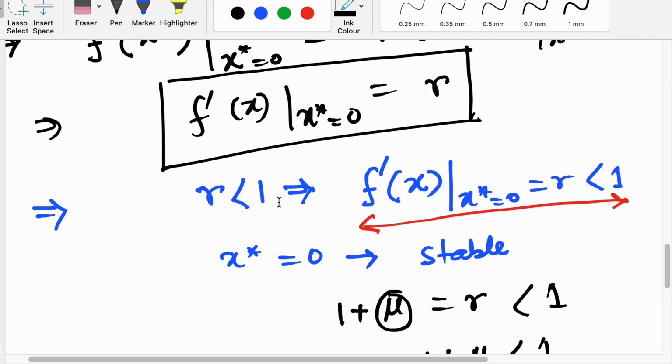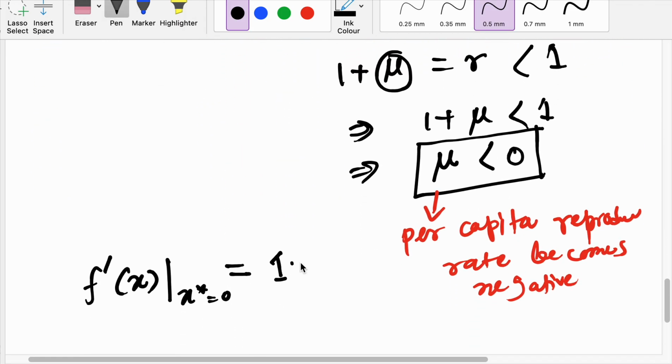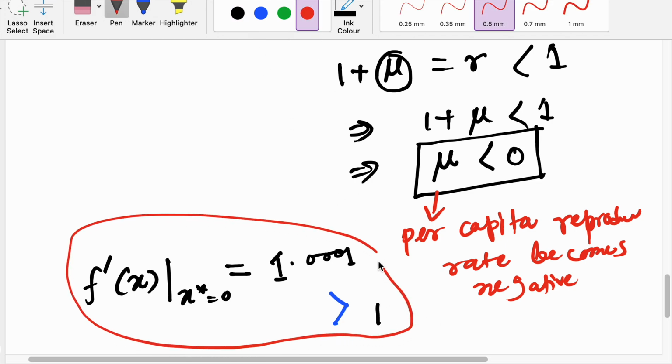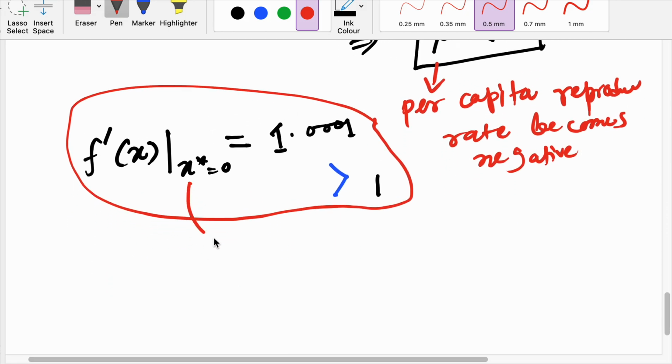Now if I change r a little bit, suppose I increase r by 0.0001, then f prime x at x equal to 0 will become greater than 1. And if it becomes greater than 1, then we know that this fixed point, x star equal to 0, will become unstable.